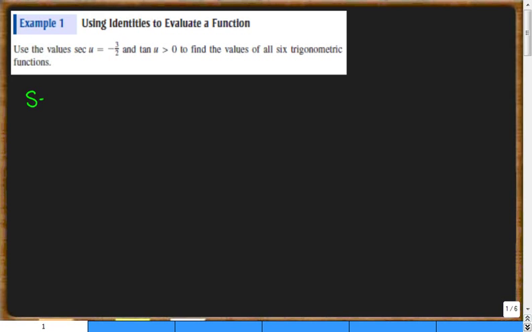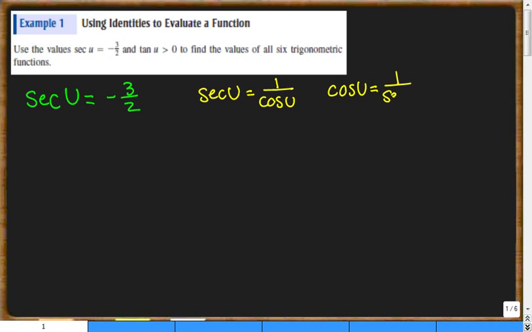So we've got secant of u, and u is defined as being -3/2. Well, I know that the secant of u is going to be the same as 1 over the cosine of u. So I can also say that the cosine of u is 1 over the secant of u.